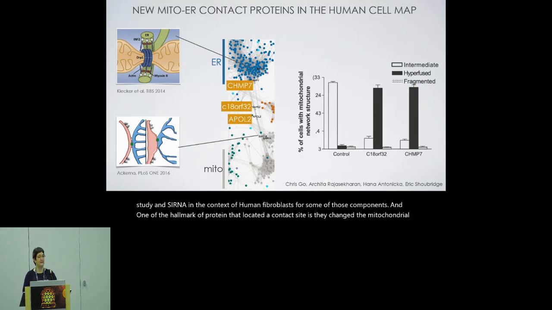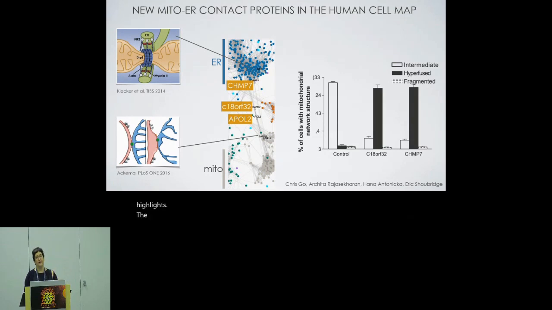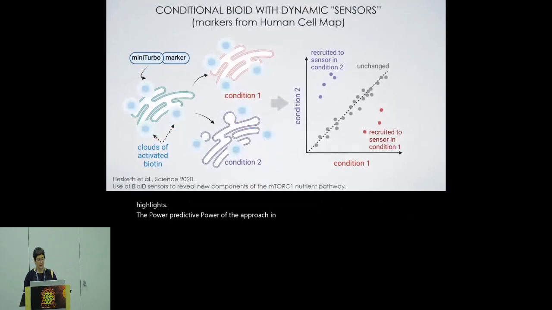They either make it longer, more fragmented, or they extend the network. And lo and behold, the proteins that we had identified are actually not only located at the contact site, but they have a functional role at the contact site. So this really highlights the predictive power of the approach in identifying new biology.